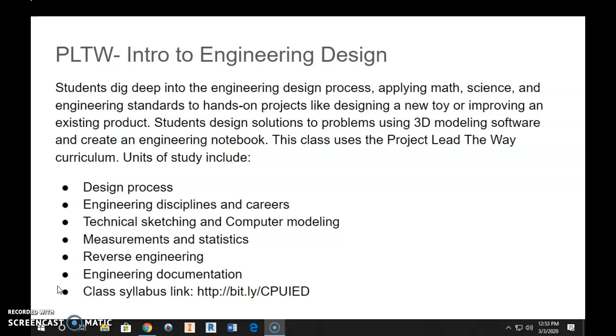This class does use the Project Lead the Way curriculum. Some of the units of study include design process, engineering disciplines and careers, technical sketching and computer modeling, measurements and statistics, reverse engineering, engineering documentation.